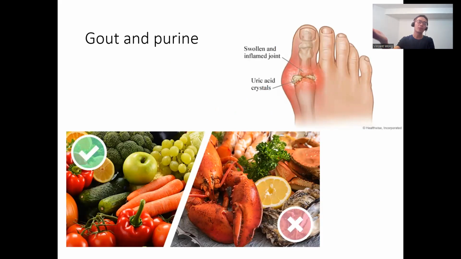Just a side note, there is a condition called gout. You might have heard of it. It's common in older people, about 40, I guess. It's a buildup of uric acid in joints, particularly the big toe, and it's really, really painful. So people with gout actually have to watch their diet and not consume too many purines.